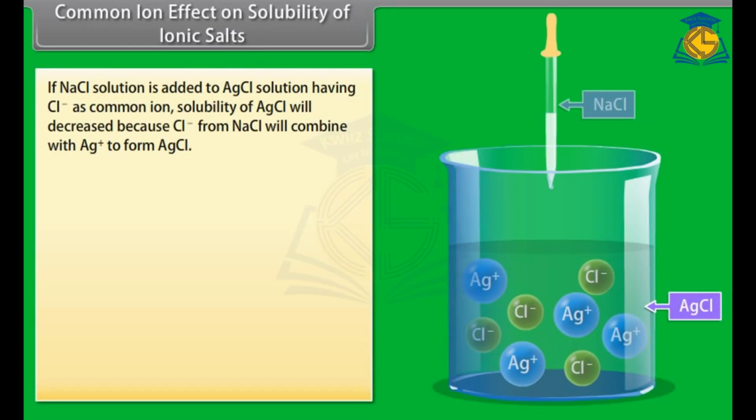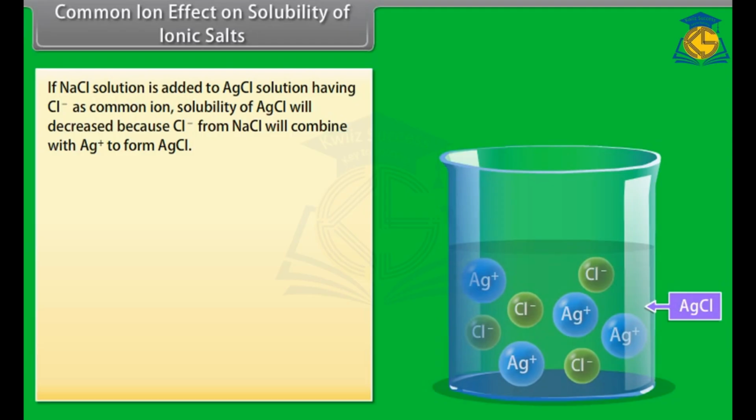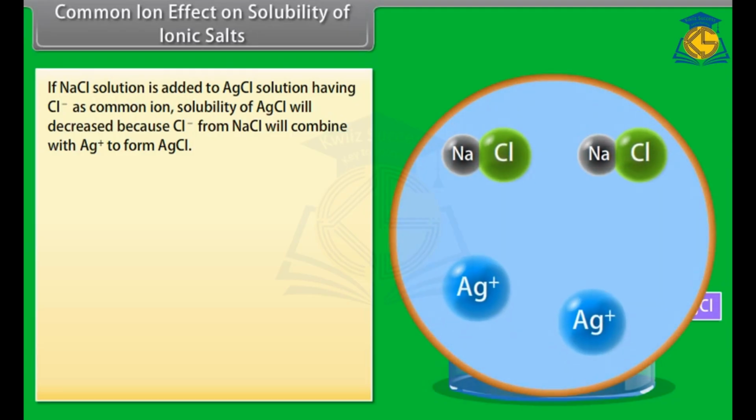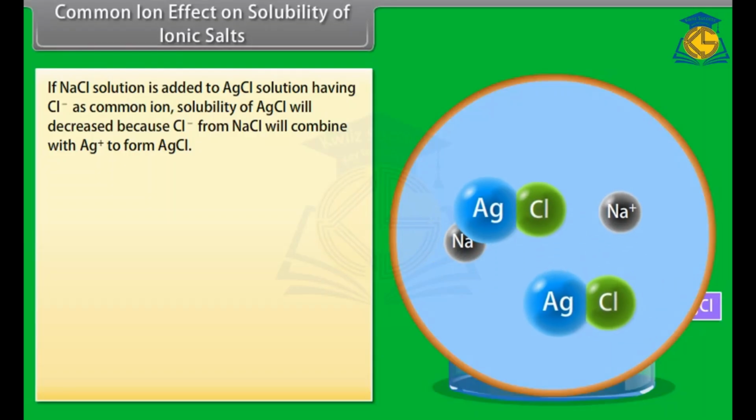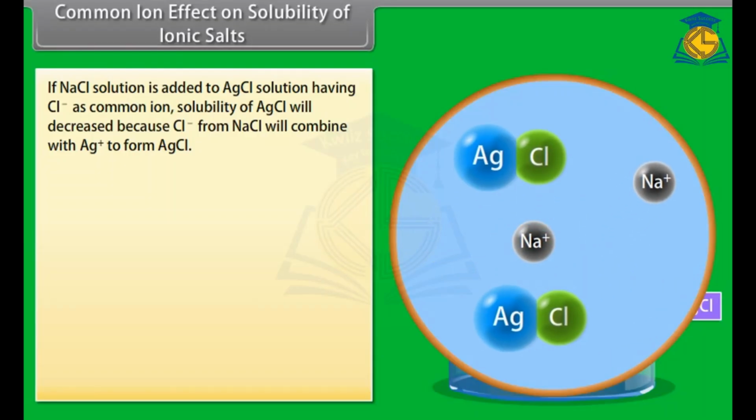If NaCl solution is added to AgCl solution having Cl- as common ion, solubility of AgCl will decrease because Cl- from NaCl will combine with Ag+ to form AgCl.